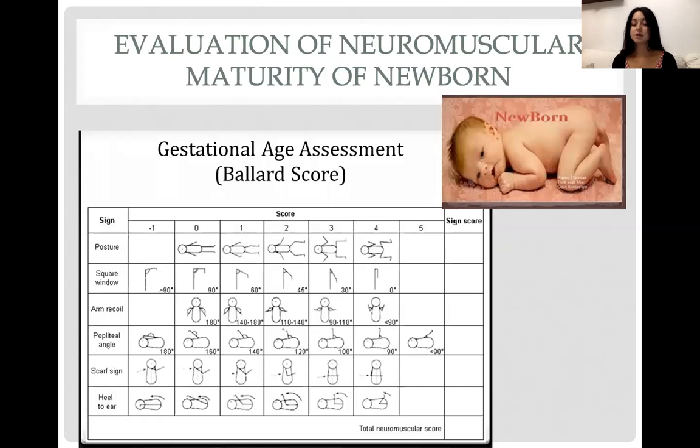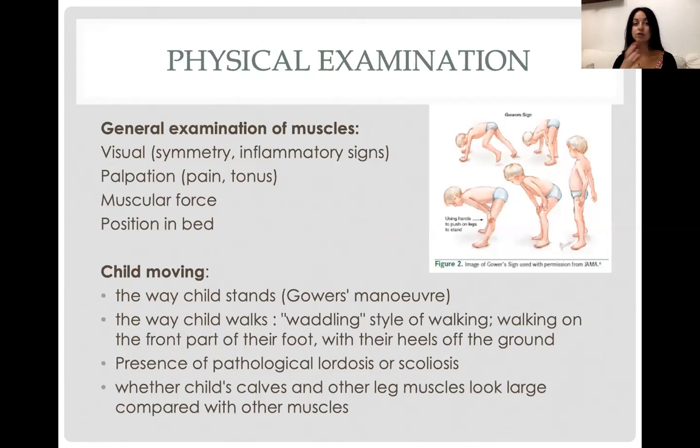How to evaluate muscle tone? Let's go here and see that normally a physical examination of muscle tone includes visual examination. You evaluate the symmetry of posture, symmetry of muscles, especially symmetrical muscles of extremities, intercostal spaces muscles.